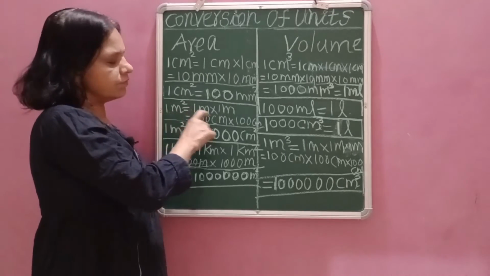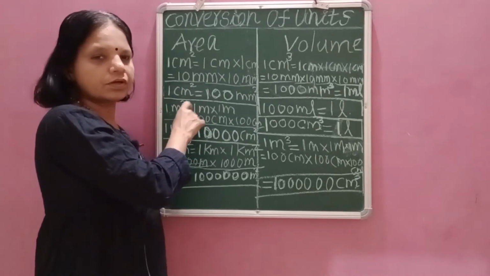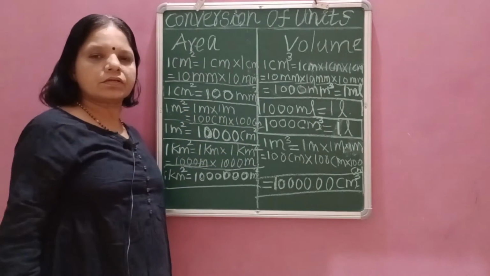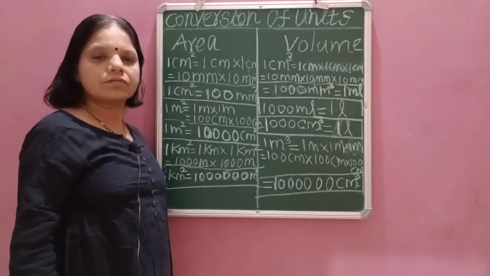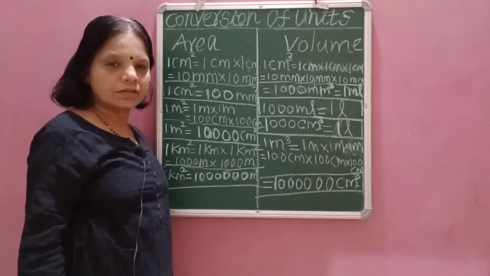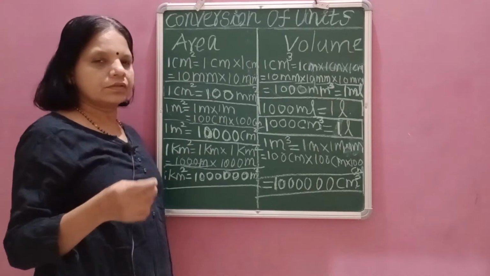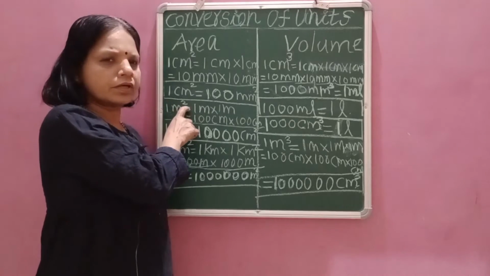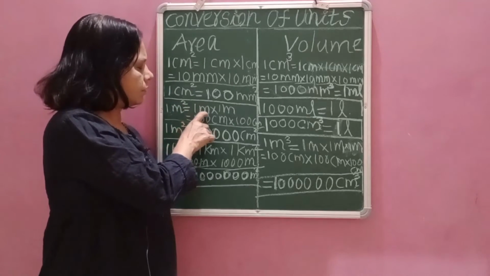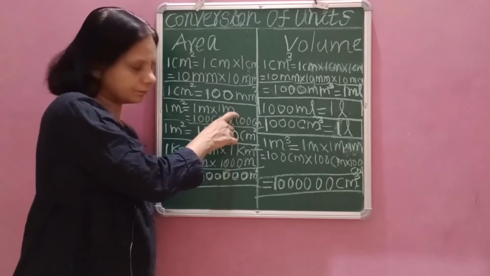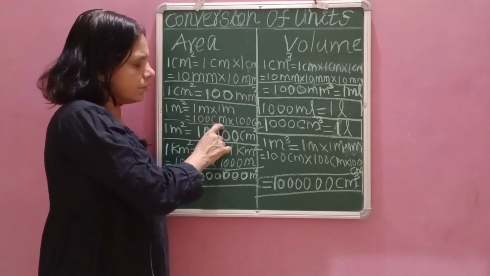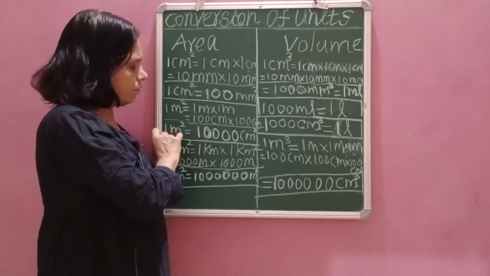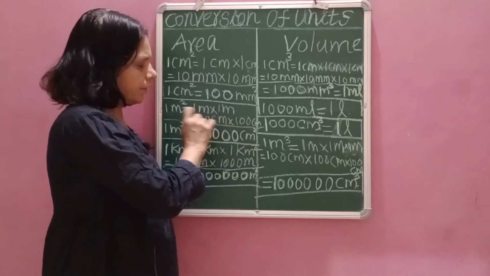Now meter square and centimeter square. What is the relation between meter and centimeter? 100 centimeter equal to 1 meter. So when it is multiplied repeatedly, what will happen? 1 meter square equal to 1 meter into 1 meter, that is 100 centimeter into 100 centimeter. That is 1 meter square equal to 100 into 100.